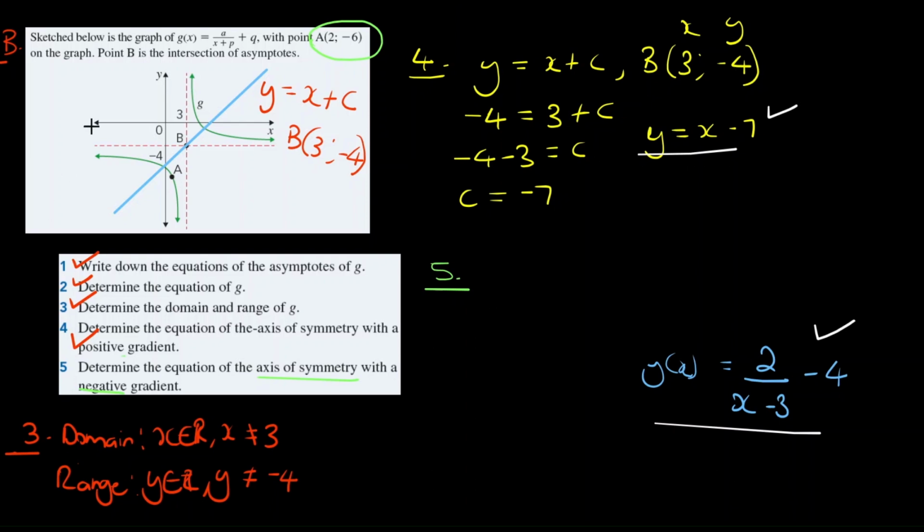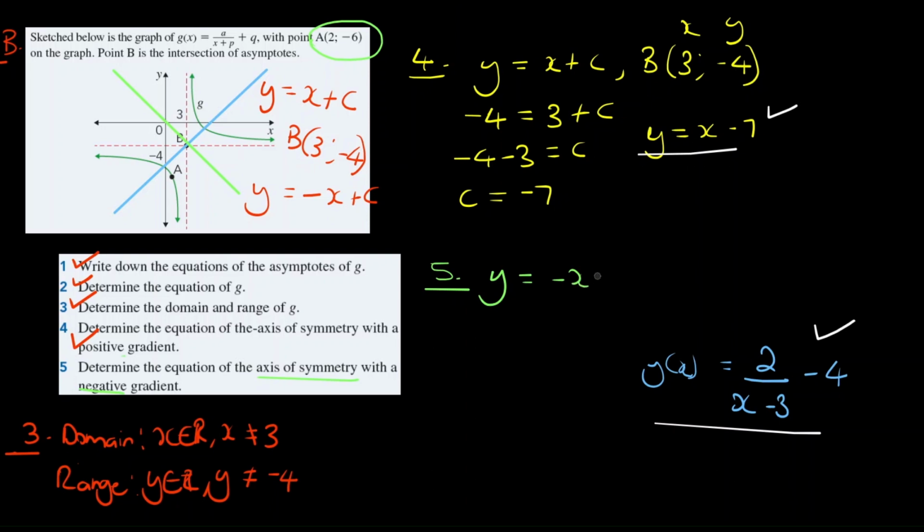We apply our knowledge, and we know that it will pass through the point where the asymptotes meet, the point B. But in this case the gradient is negative, so the equation will be, the color is not visible, use red, y equals negative x plus c, and we know that it passes through B as well, so we can go ahead and calculate this equation.